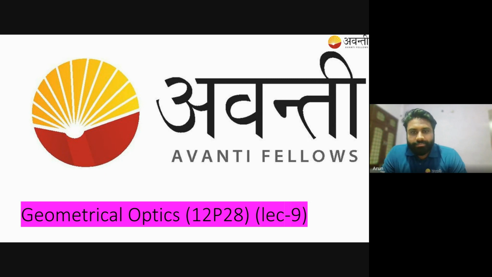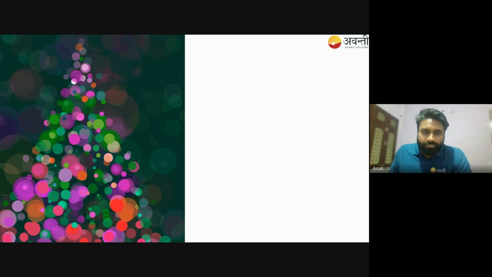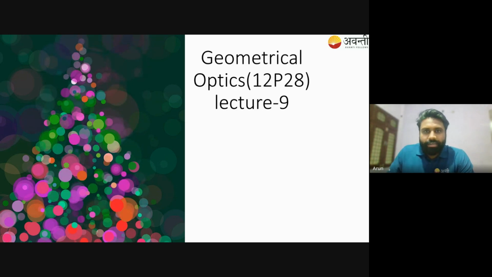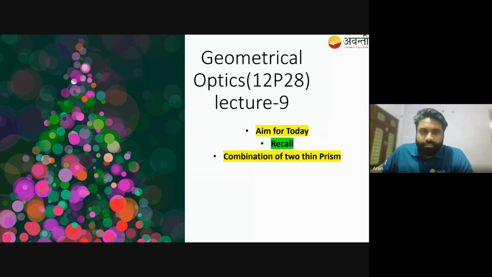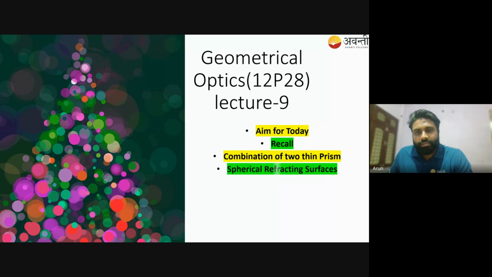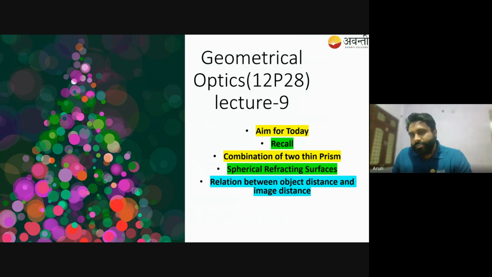So here we are with lecture number 9 of geometrical optics, also known as ray optics. What is our aim for today? Firstly, we will do some recall. Then we learn about the combination of two thin prisms. After that, spherical refracting surfaces, and then the relation between object distance and image distance for refracting surfaces.